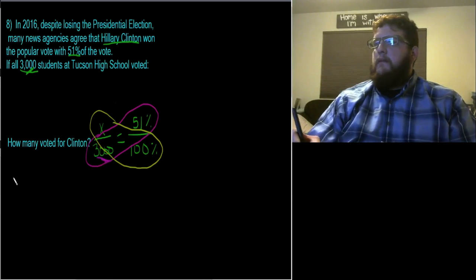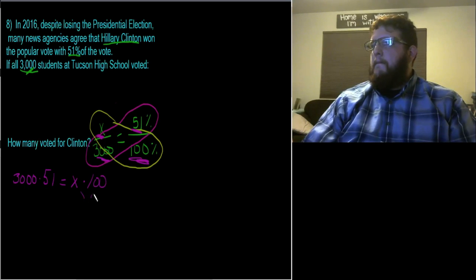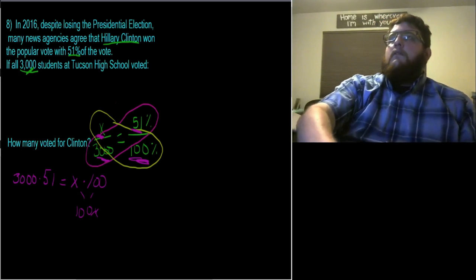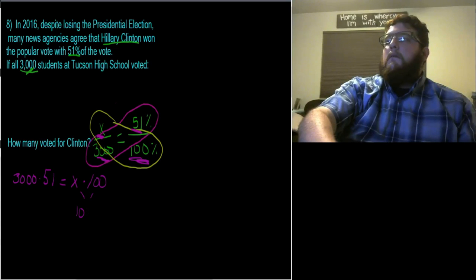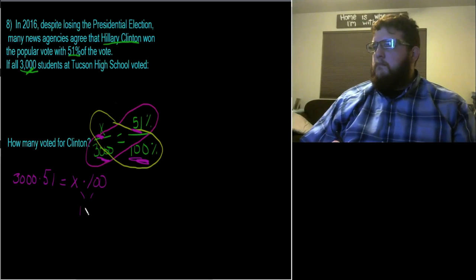We'll take 3,000 and multiply that by 51. And we'll set that equal to x times 100. 100 times x is 100x. 3,000 times 51. Oh, let me rewrite that. It's a little wonky looking.